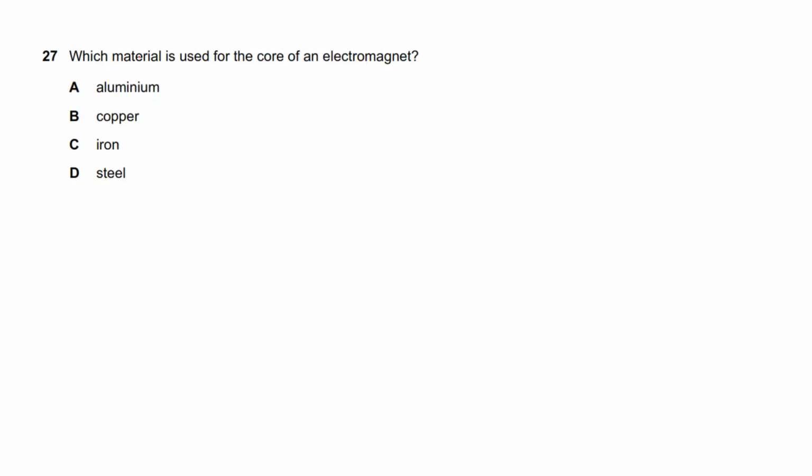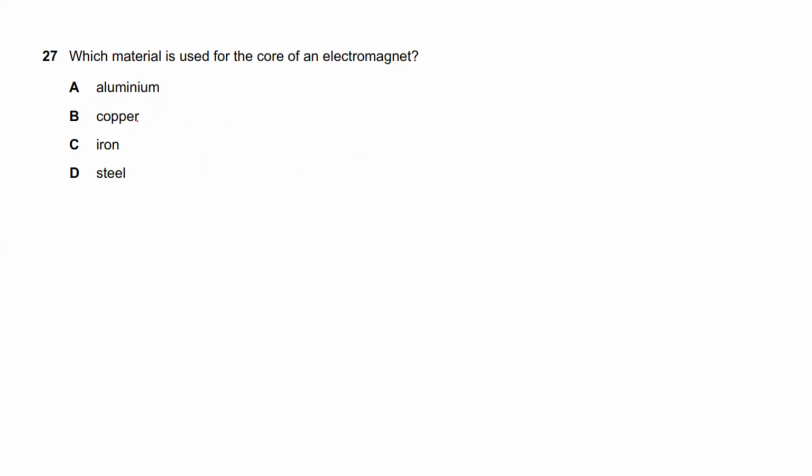Question number 27, it says, which material is used for the core of an electromagnet? For an electromagnet, the material which can be easily magnetized and demagnetized, and the only material here is C, iron. Aluminum, copper, and steel cannot be easily magnetized and demagnetized.